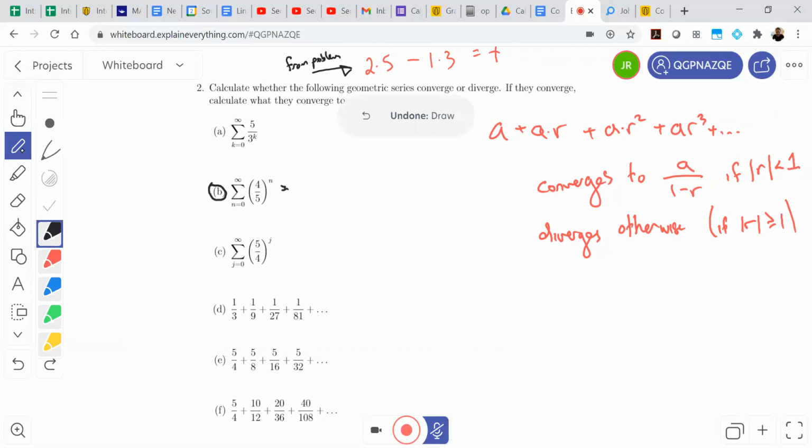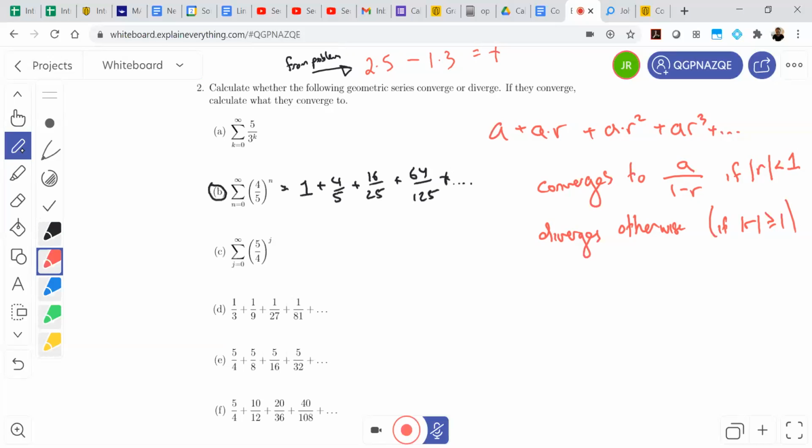So at n equals 0, this is 4/5 to the 0, so that's just 1. This is 1 plus 4/5 plus, when n is equal to 2, this is 16/25, plus when n is equal to 3, it's 64/125, and so on and so on.